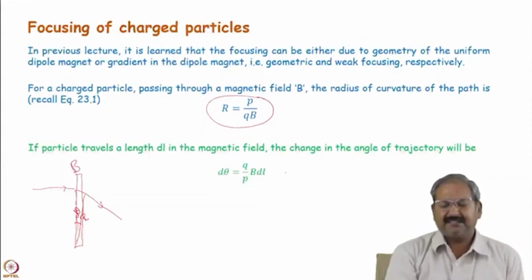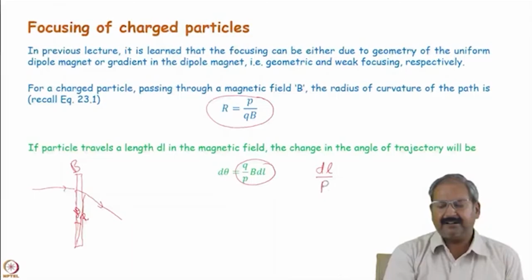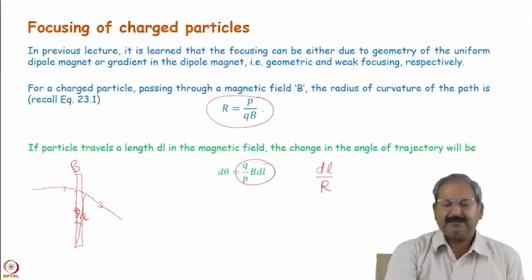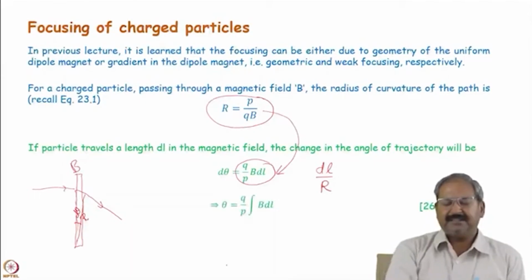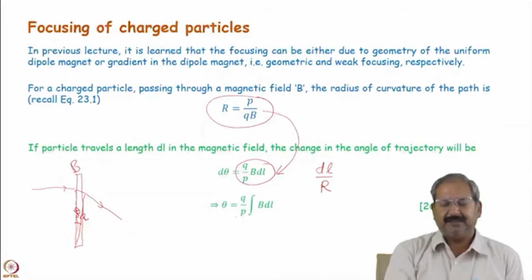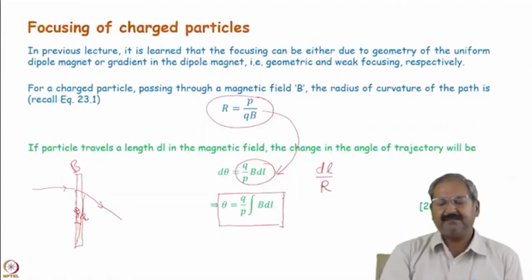This is just dl by r, and r is taken from here. So the total bending of the charged particle trajectory will be q by p times the integration of B dl. This is the angle made by a trajectory under the magnetic field over the given length.